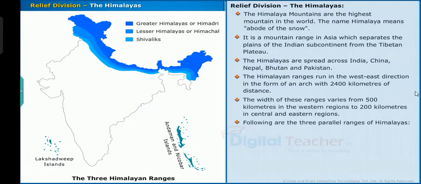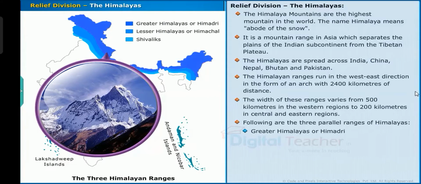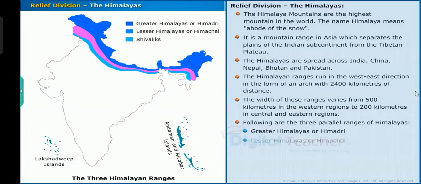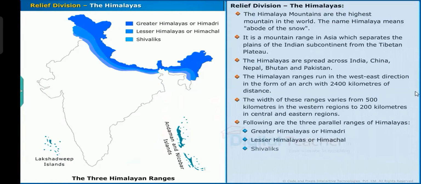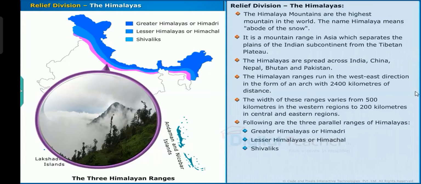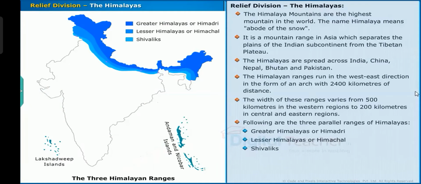Following are the three parallel ranges of Himalayas: Greater Himalayas or Himadri, Lesser Himalayas or Himachal, Shivaliks. Now it's time to know about each range in detail.